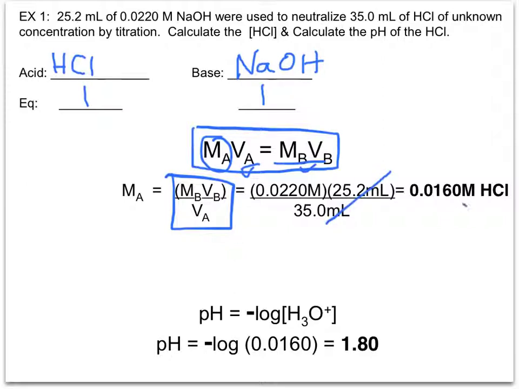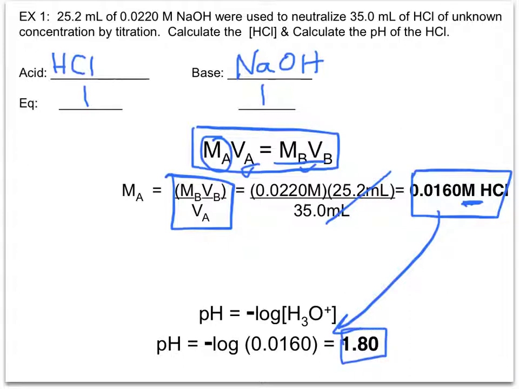And the resulting unit for the answer is molarity, which is the concentration, which answers the question, what is the concentration of the hydrochloric acid? Using that information, we can use the pH equation of negative log of the concentration of hydronium ions to find the answer for the pH, in this case 1.8.